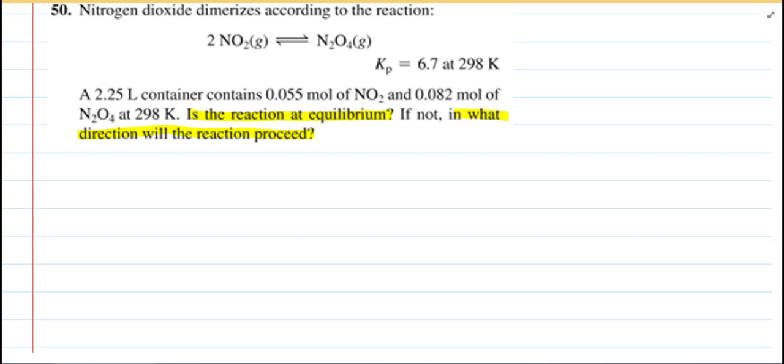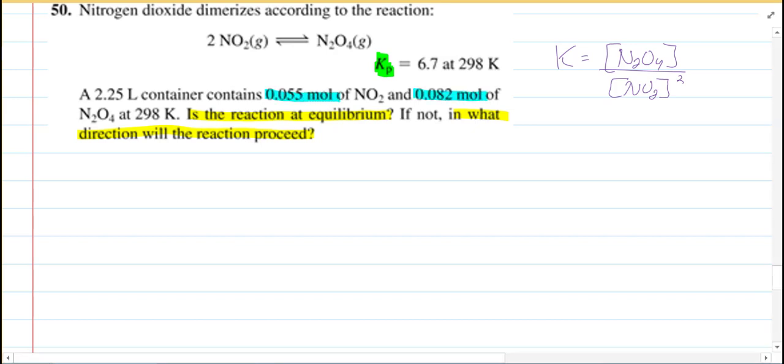The expression for K would be the concentration of N2O4 all over NO2 squared. Now I want to point something out that I noticed. I have Kp here, and we're having moles and liters.